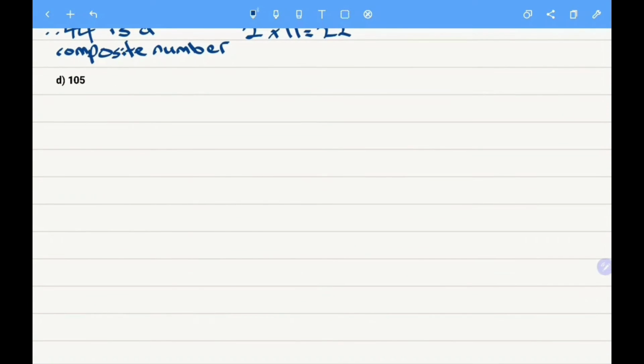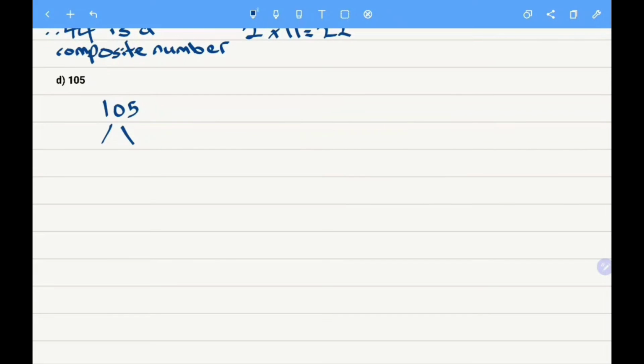Part D, 105. We need to determine if 105 is a prime or composite number. Write 105 at the top, draw out 2 branches. So what are the factors? What 2 numbers multiplied together give us 105? Let's start with a small number.